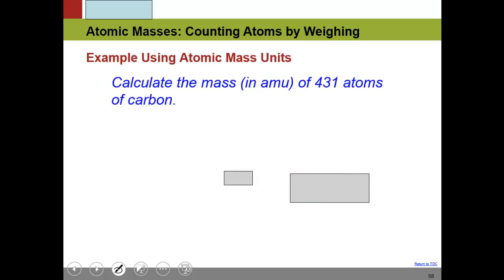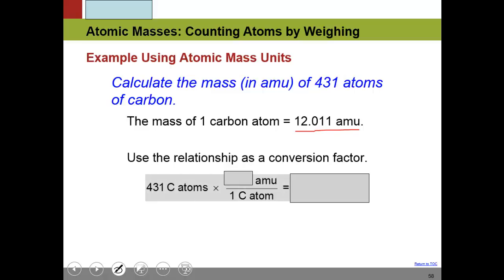Now, we have 431 atoms of carbon, and we know the mass of one carbon atom on average is 12.011 AMUs. So we just need to get rid of the units of carbon. We have 431 carbon atoms, and we know that one carbon atom weighs 12.011 AMUs.